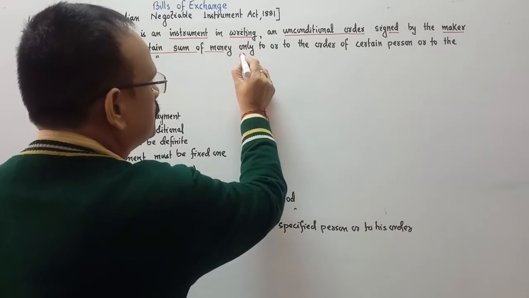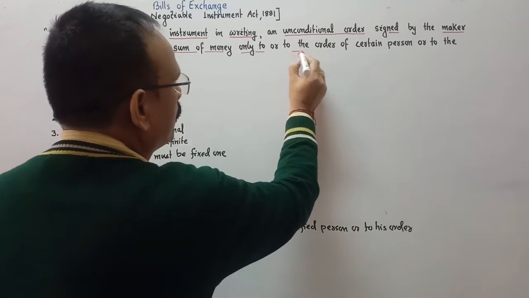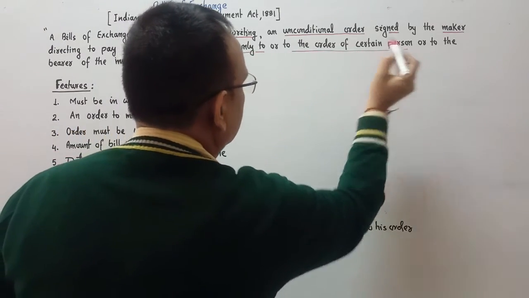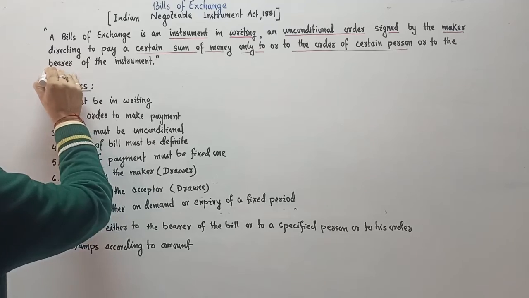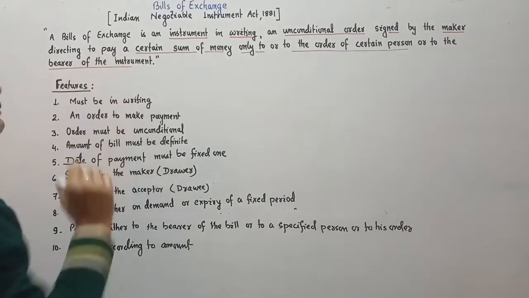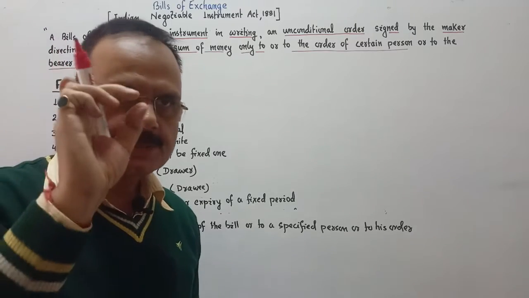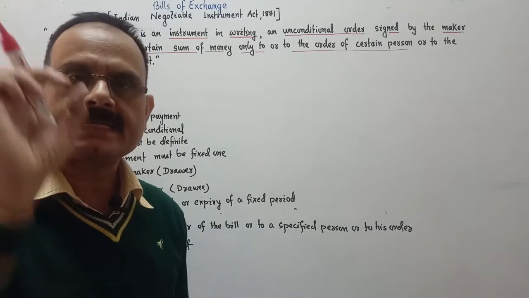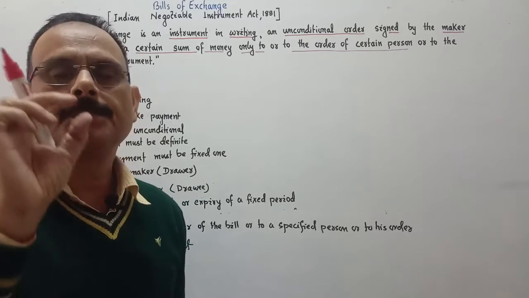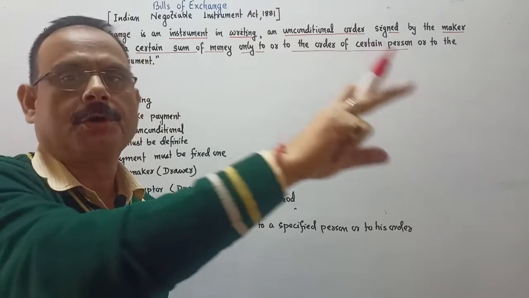Only to, or to the order of a certain person, or to the bearer of the instrument, and this instrument must be accepted by the person to whom the bill is drawn.